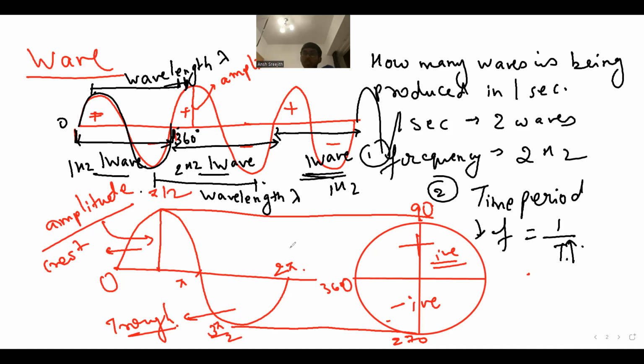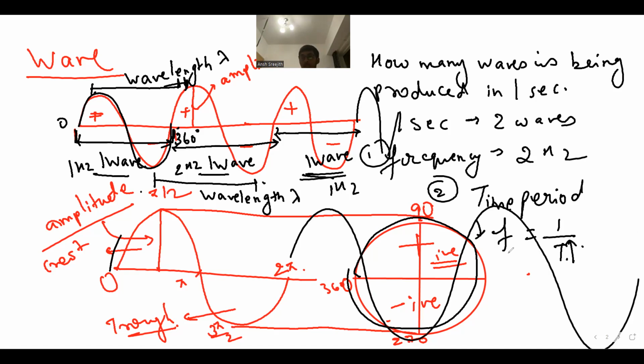If time is too much, it means it is taking too much time to complete the cycle. So obviously, frequency will decrease, and the number of waves produced will be less.